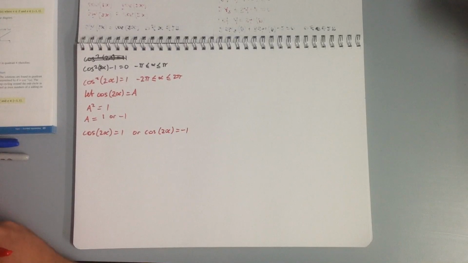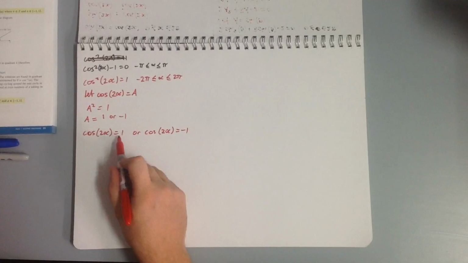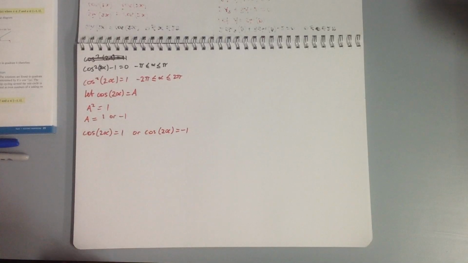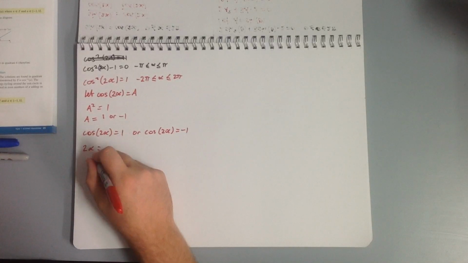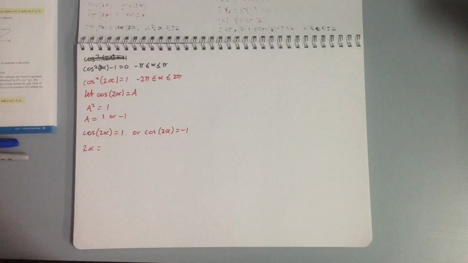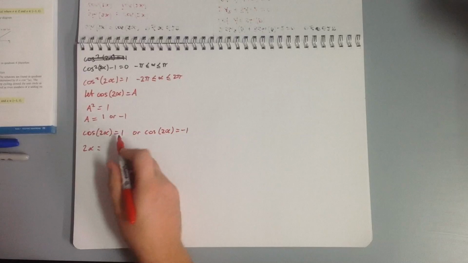So if we start off with our first one here, equaling 1, we need to think, when does cos equal 1? So we've got 2 alpha. For this, we find, and we did look at it previously, that at 2 pi and 0 is when cos equals 1.